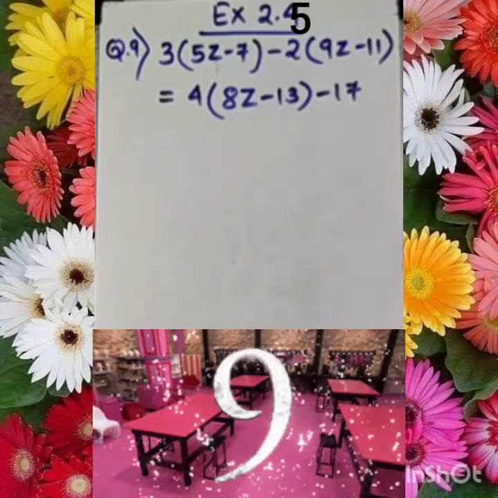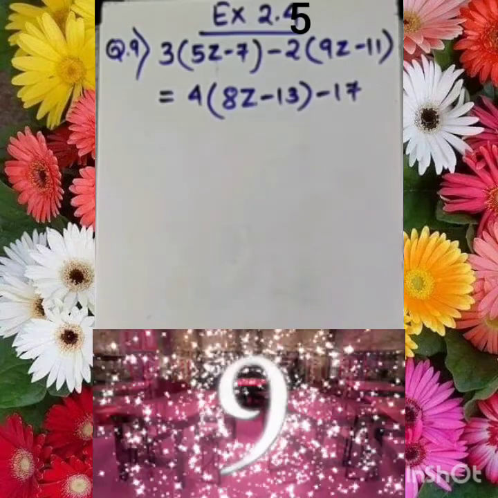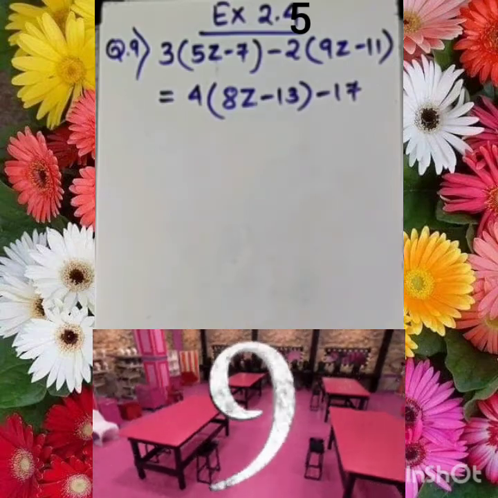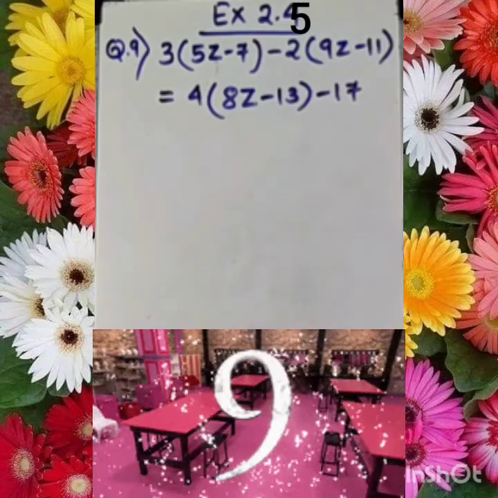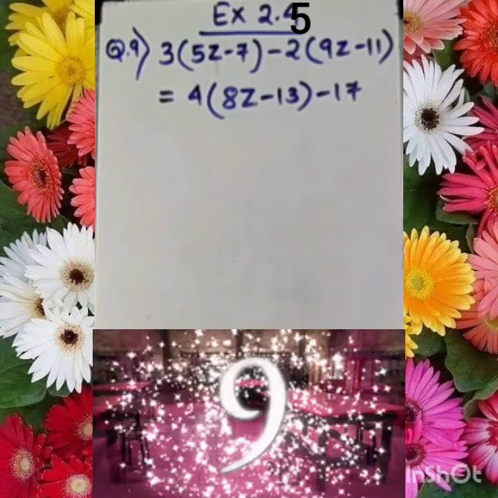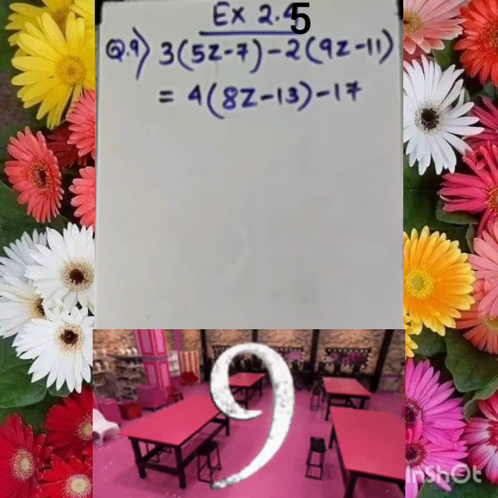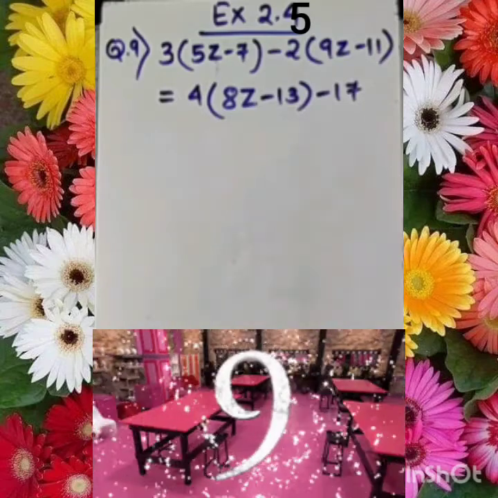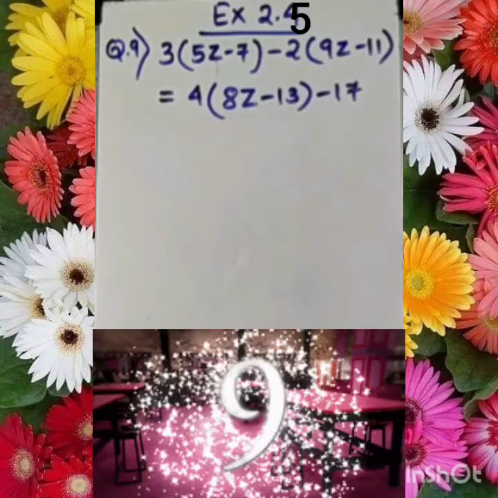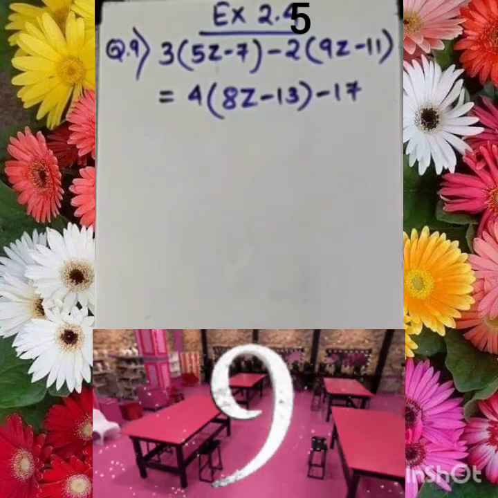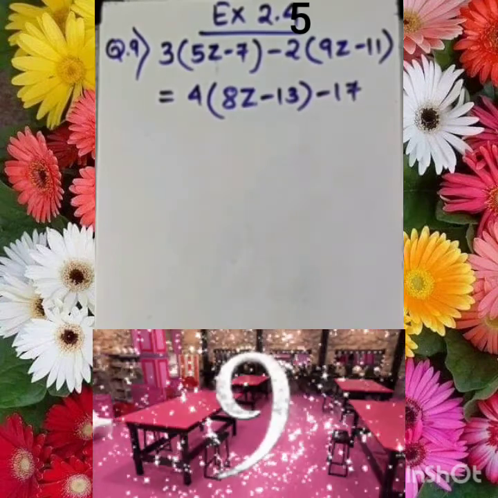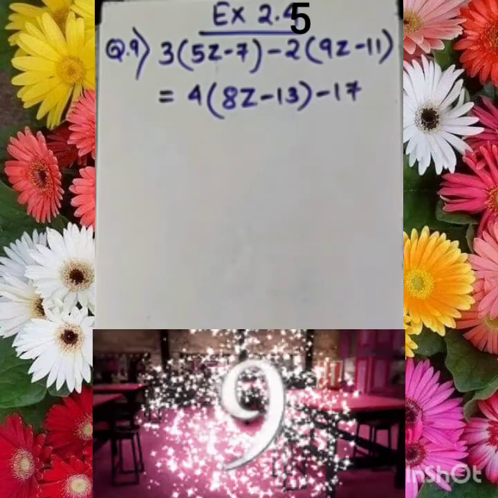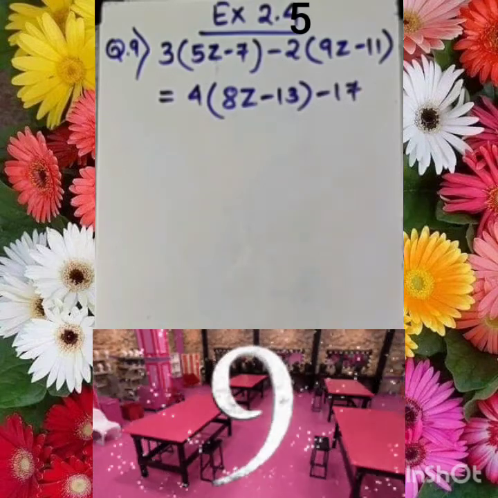So dear student, question number 9 is on your screen. Let's begin. 3 in bracket 5z minus 7, minus 2 in bracket 9z minus 11, equal to 4 in bracket 8z minus 13, minus 17.